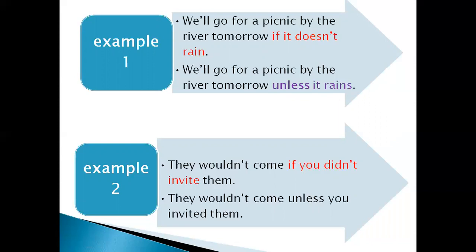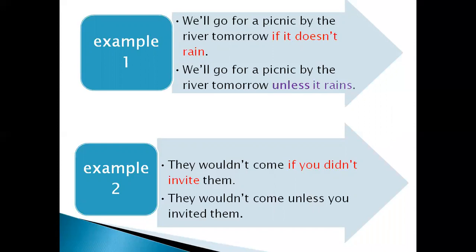The example is: we'll go for a picnic by the river tomorrow if it doesn't rain. Now in this one we use the form if not. But when we use not, the negative form, we need an auxiliary verb, which is here does, because it's simple present tense.